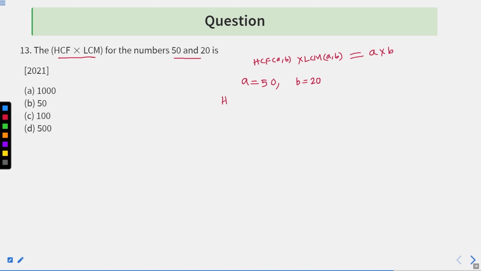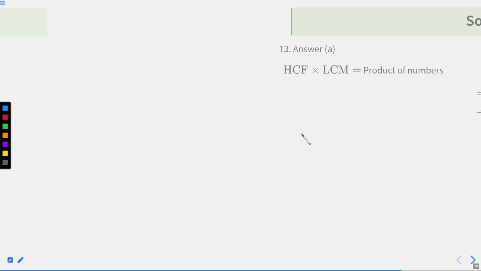So HCF of 50, 20 into LCM of 50, 20 is equal to 50 into 20, that is equal to 1000. So the HCF into LCM for the numbers 50 and 20 is 1000. Here option A is the correct option. Now let us move to next question.